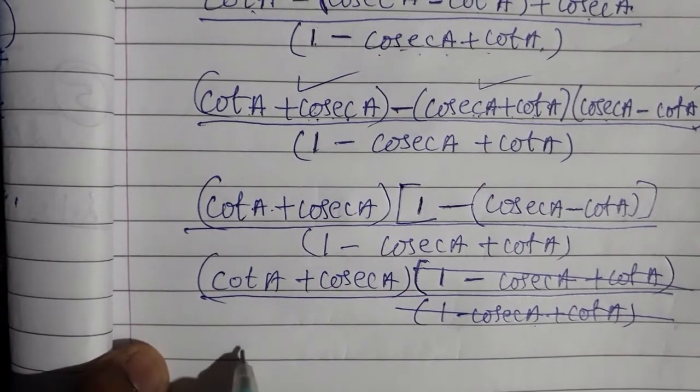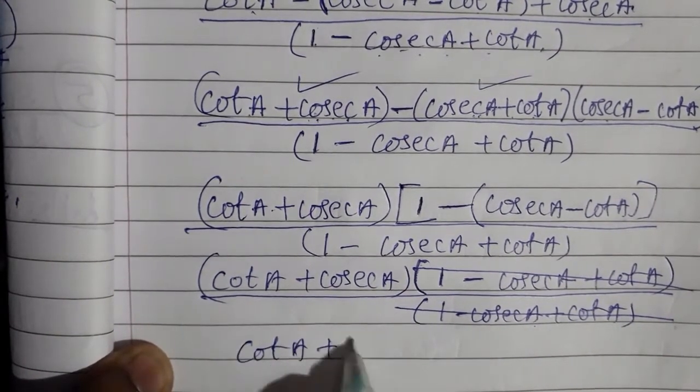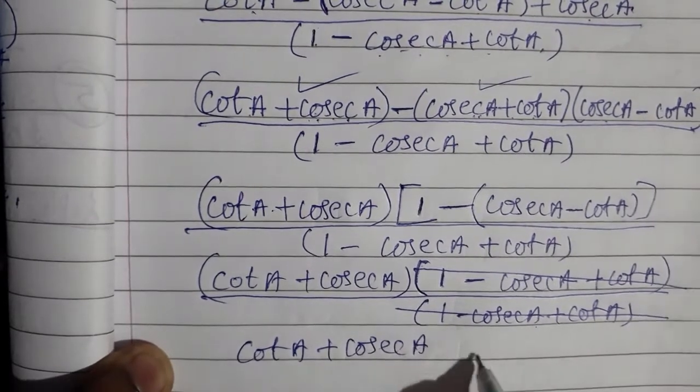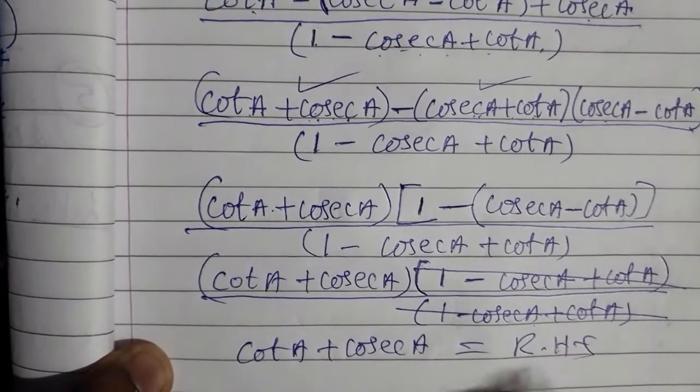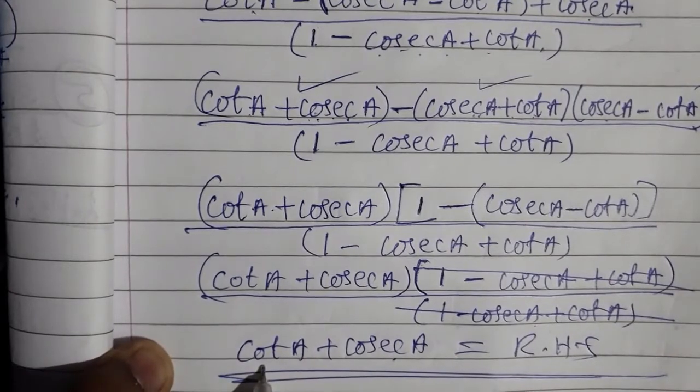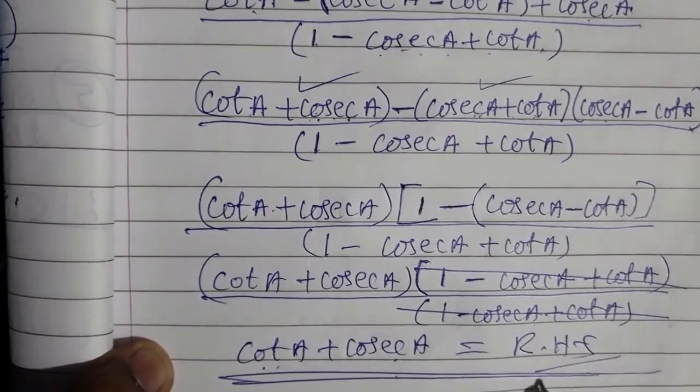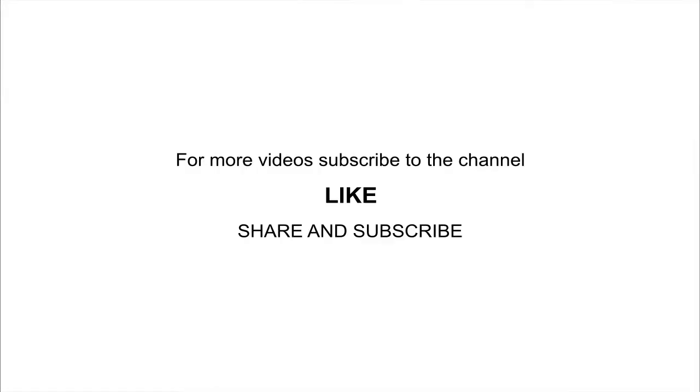So what is remaining? Cot A plus cosec A. This is what is in the RHS. So cosec A plus cot A is the same as cot A plus cosec A. That is what is present in the RHS.